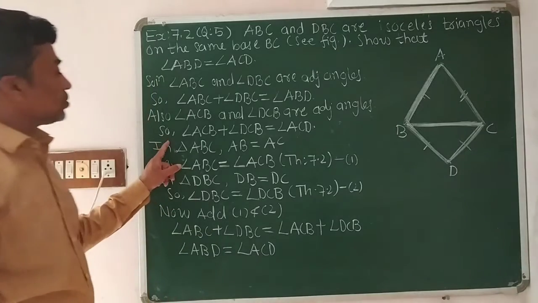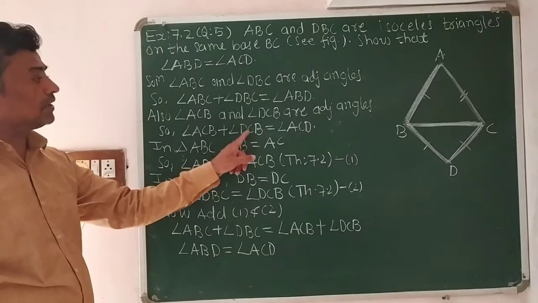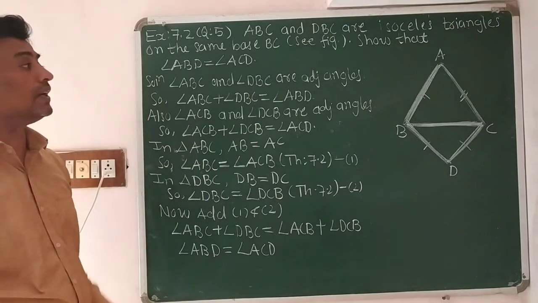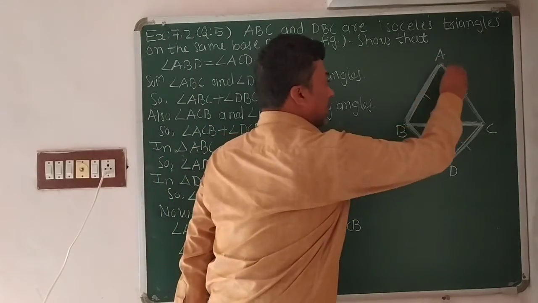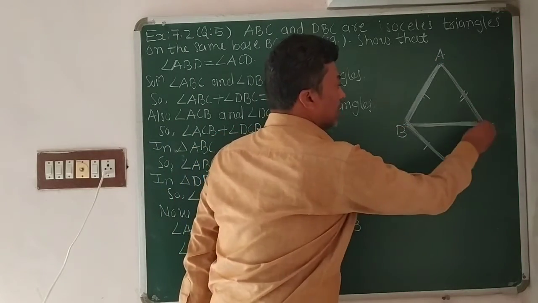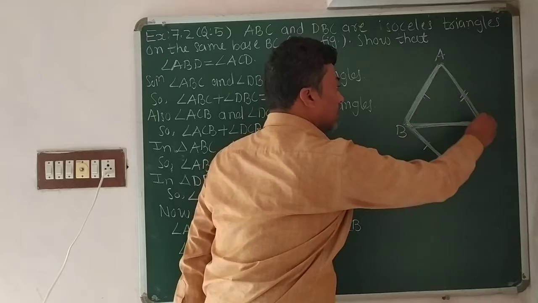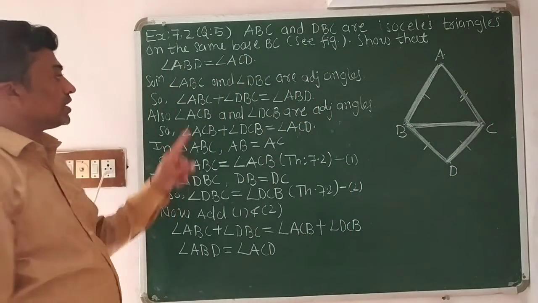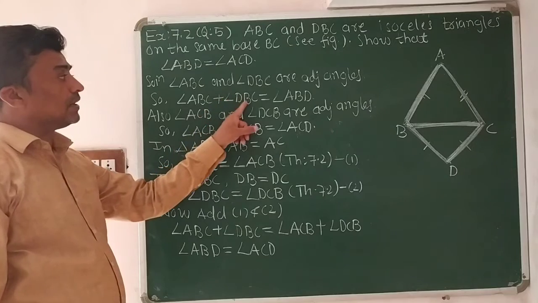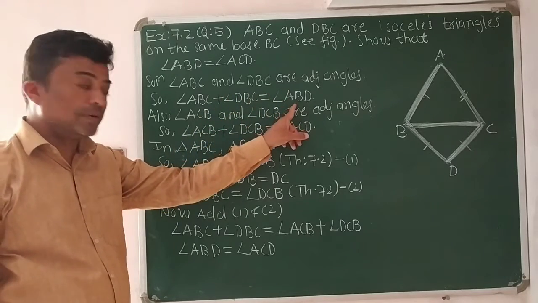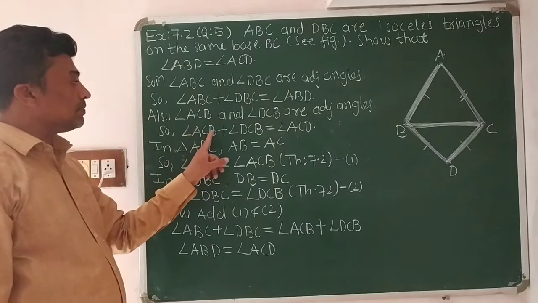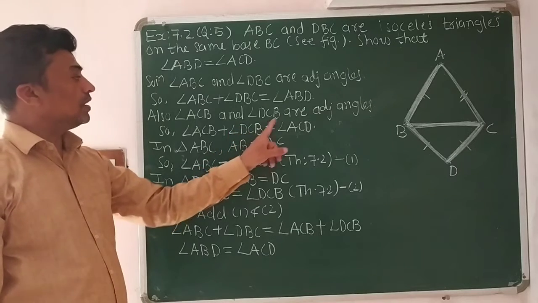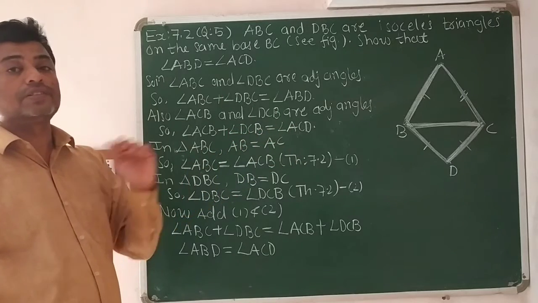So angle ACB plus angle DCB is equal to angle ACD. So here we prove two results: angle ABC plus angle DBC is equal to angle ABD, then angle ACB plus angle DCB is equal to angle ACD.